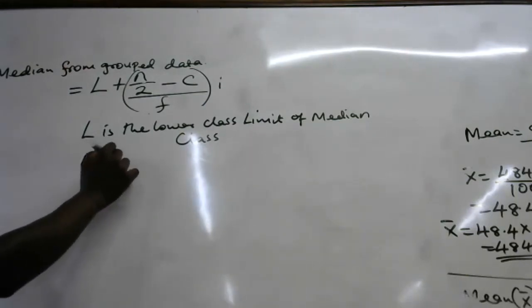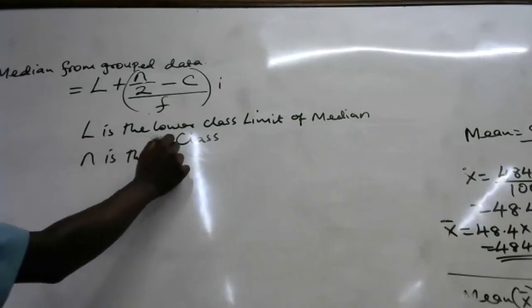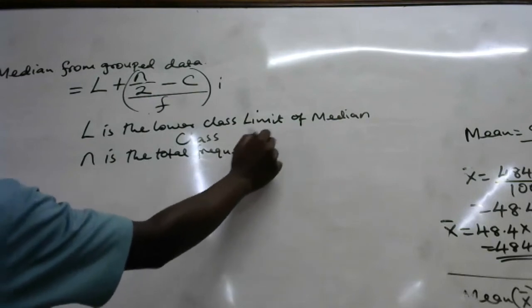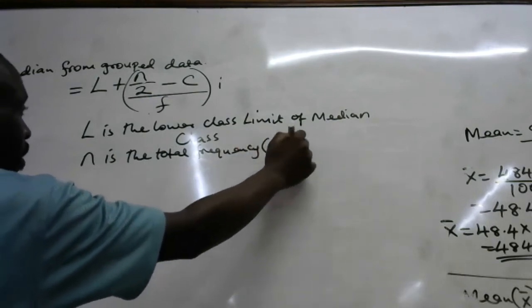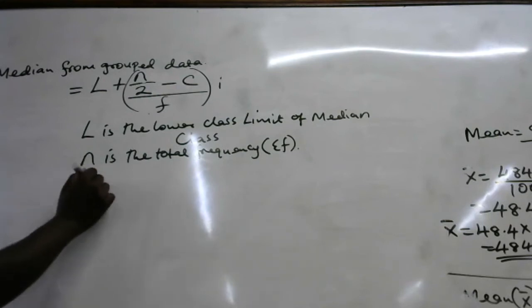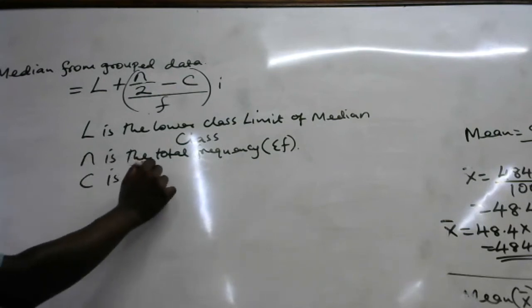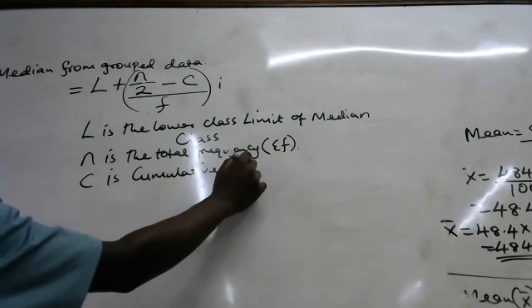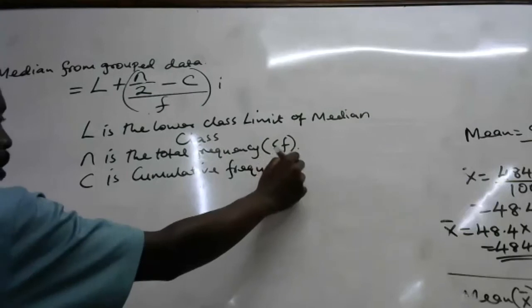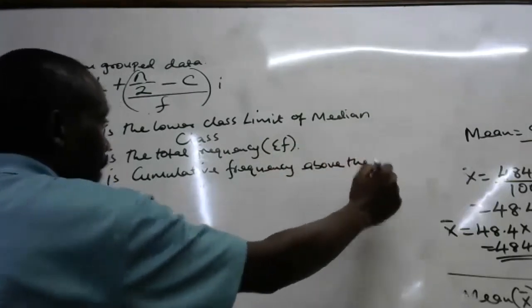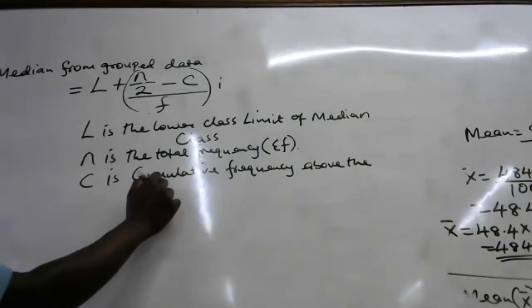N is the total frequency, which is the same as the sum of F. C is the cumulative frequency above the median class.